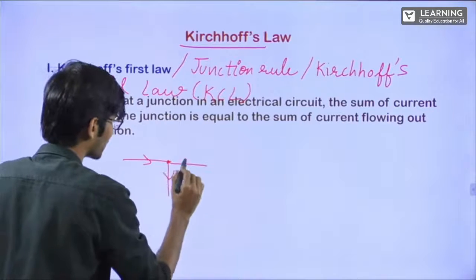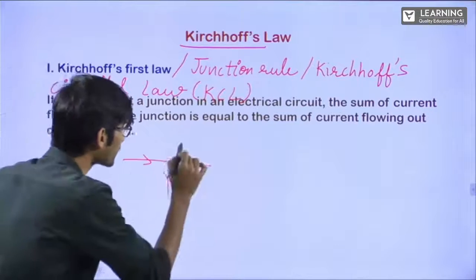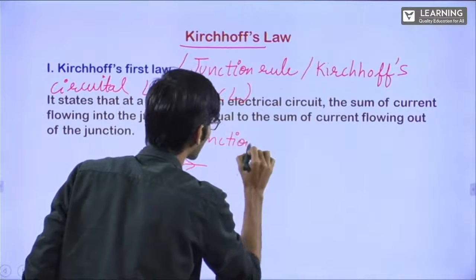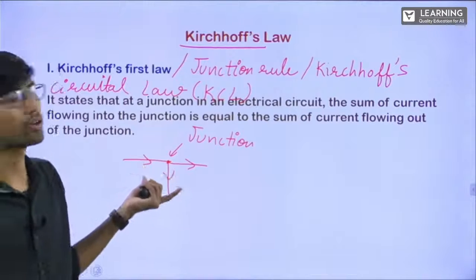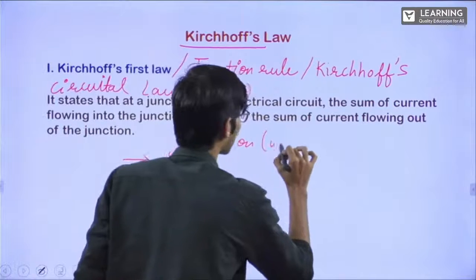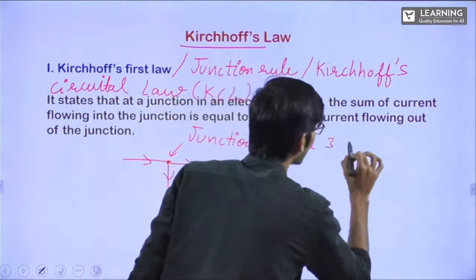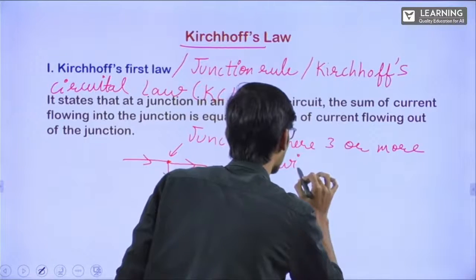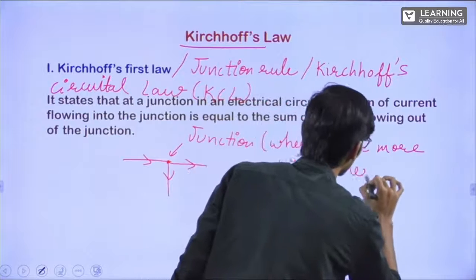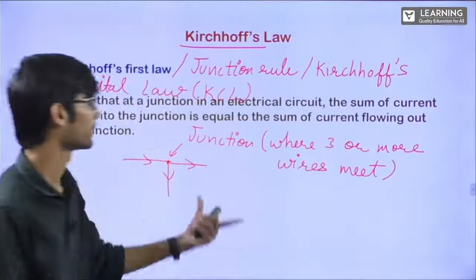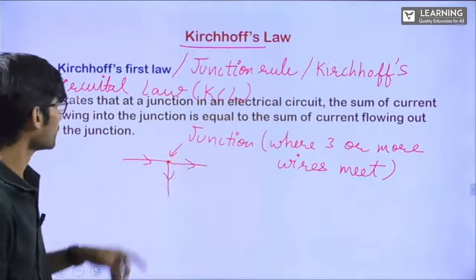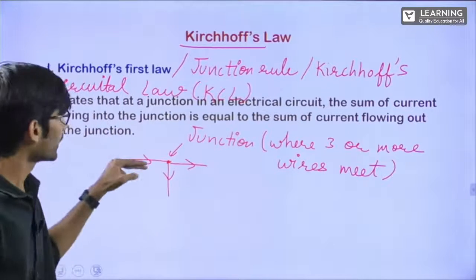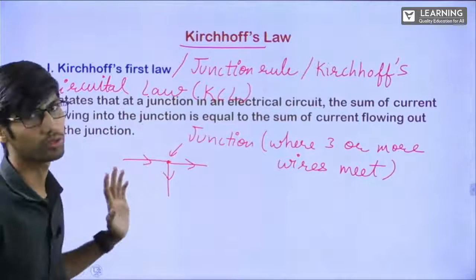Let's say it is something like this. So this particular thing is a junction, where three or more wires meet. Clear? Now, the sum of current flowing into the junction is equal to the sum of current flowing out of the junction.